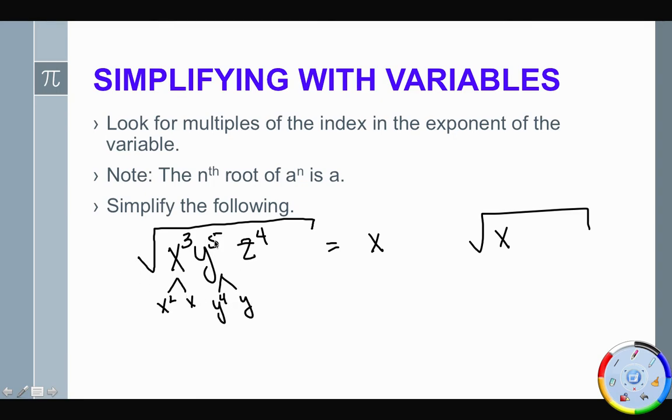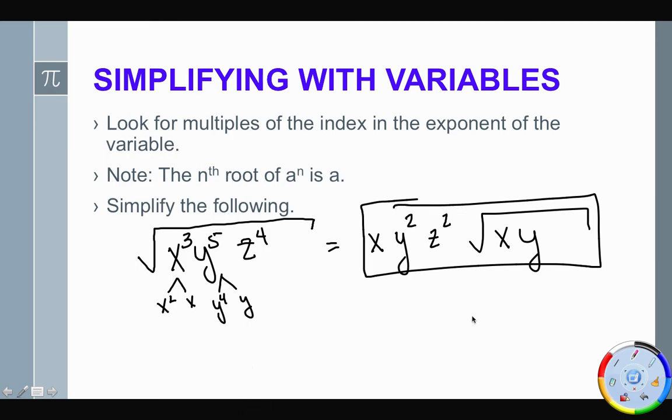So if I was to take 5 divided by 2, I would say that there was 2 with 1 remaining. And then if I was to take 4 divided by 2, I would get 2 with nothing remaining. And that would be our final answer.